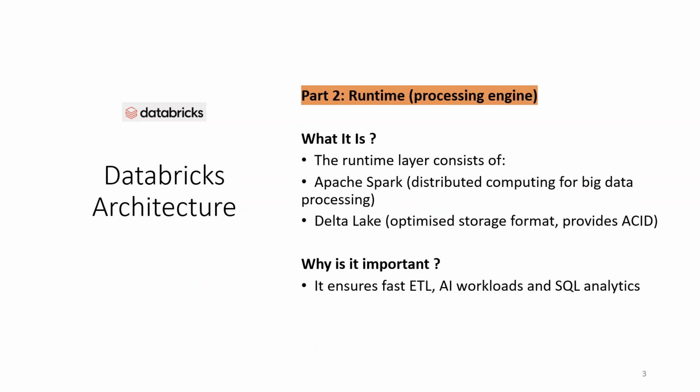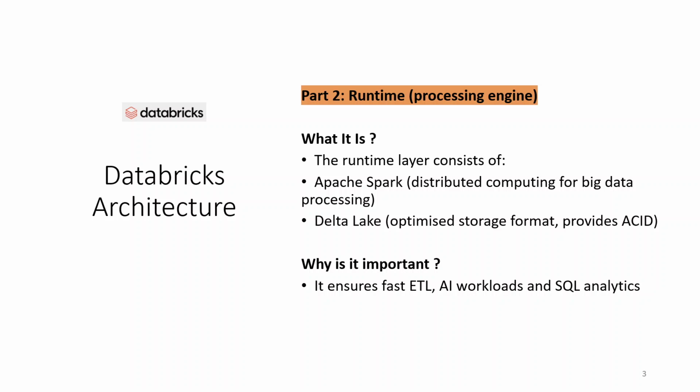Moving on to the second part, part two of the Databricks architecture is the runtime, which is the processing engine. What is it? It's the runtime layer. It consists of Apache Spark, which is distributed computing for big data processing, and Delta Lake, which is optimized storage format and provides ACID.